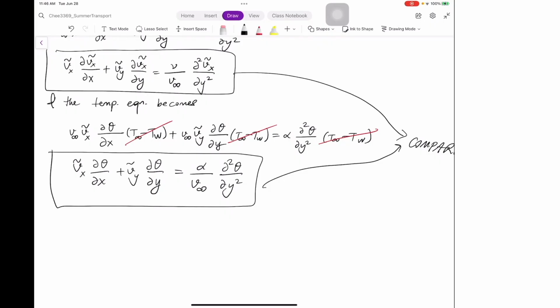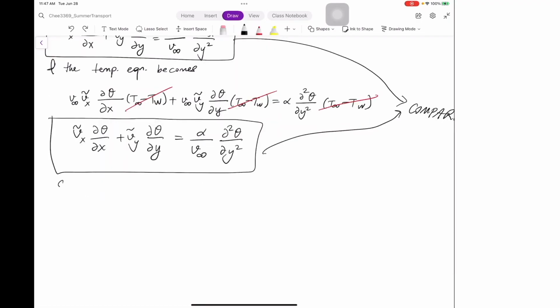And if I take theta as the Vx tilde, I get exactly the same equation. So if I replace theta by Vx tilde, it should also be a solution of the second equation if nu is equal to alpha. Correct?